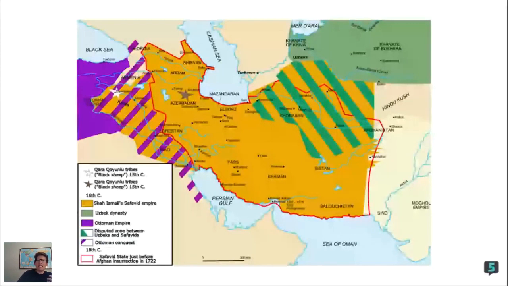Particularly, we see it between the Safavids and the Mughals, the Safavids and the Ottomans, and that's going to be a significant conflict that we'll return to momentarily. But these political and religious disputes lead to rivalries between these groups. Also in Africa, we see rivalries, for example, between the Songhai Empire with Morocco in North Africa.